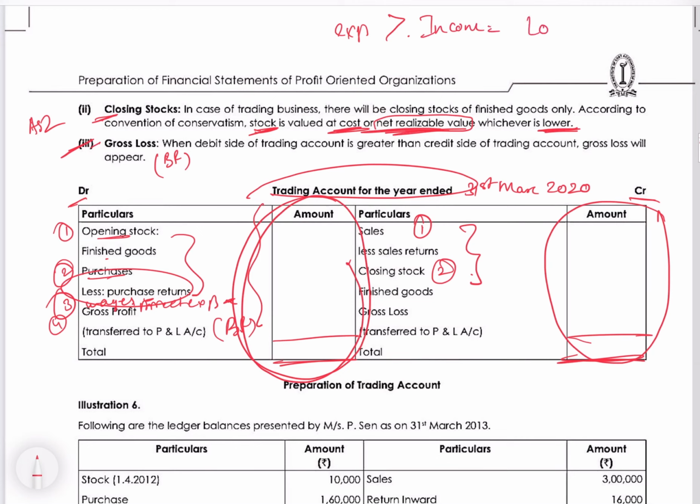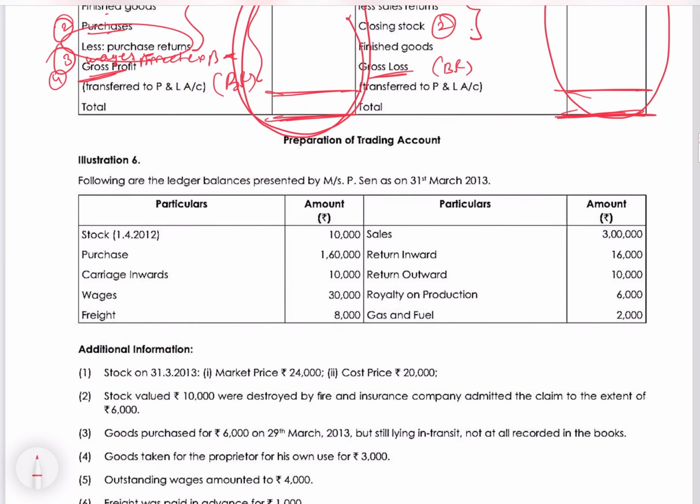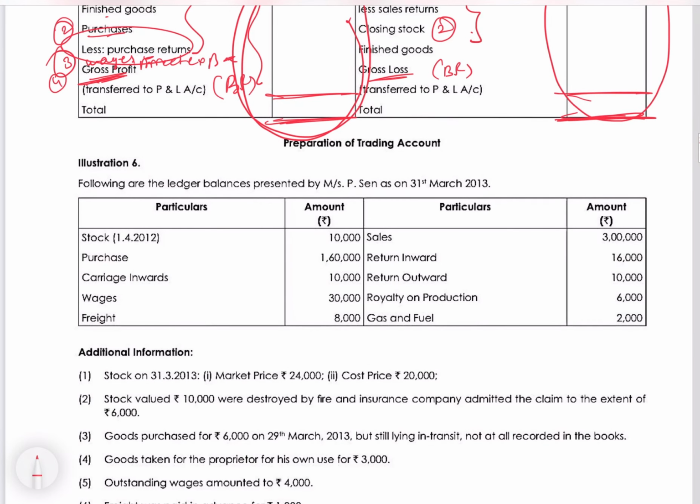So it is a loss. Okay. So accordingly, the balancing figure will be gross profit or gross loss, and you will close your ledger. This gross profit will later be carried on to the P&L account, which we will deal with later. Okay.